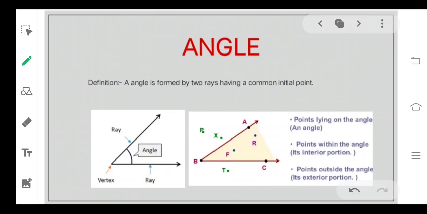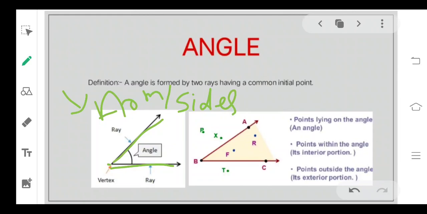Suppose two rays originate from a common starting point and go in different directions. Then an angle is formed between them. The two rays forming the angle are called arms or sides.